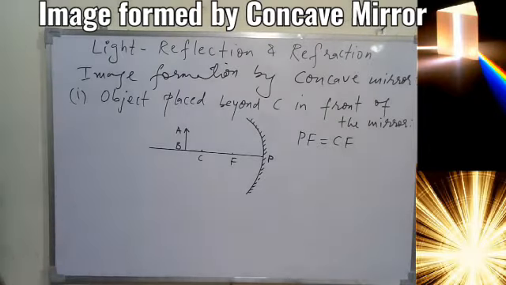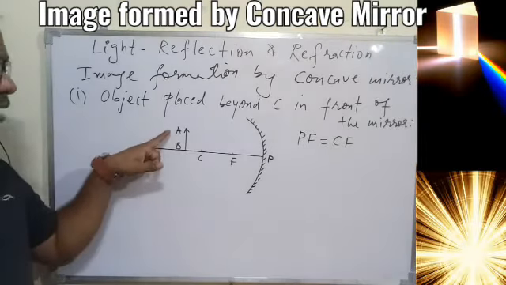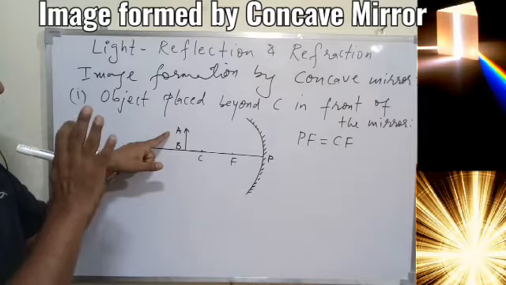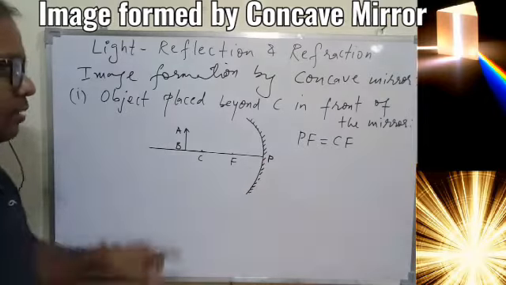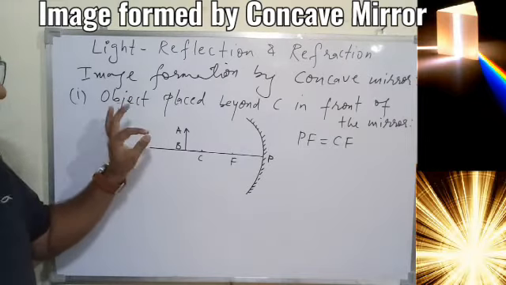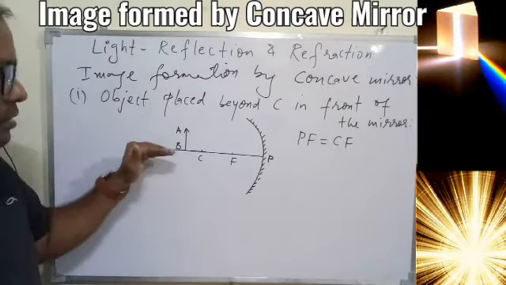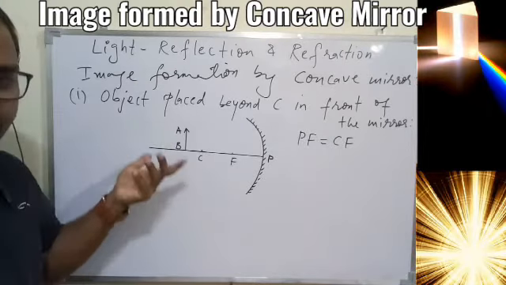Now what is to be done? We'll first try to find the image formed by this concave mirror for the point A. A and B are nothing but two different points of the object, that is, A is the topmost point, B is the bottommost point.